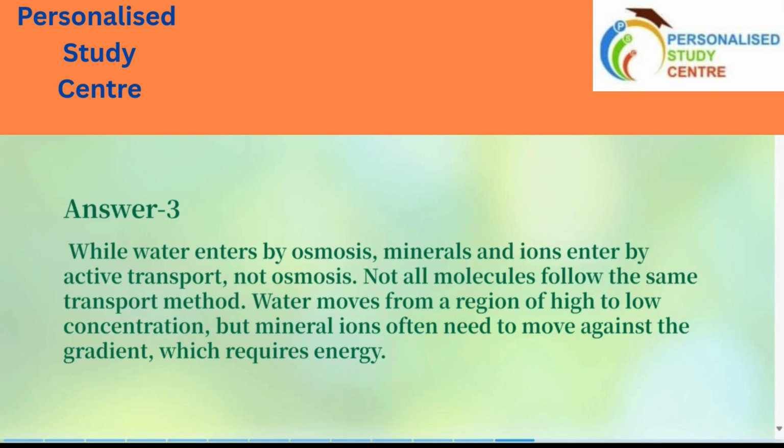Minerals and ions enter by active transport, not by osmosis. Not all molecules follow the same transport method. Water moves from a region of high to low concentration, but mineral ions often need to move against the gradient, which requires energy. Okay, so this is for the open-ended question which I asked in the third part.